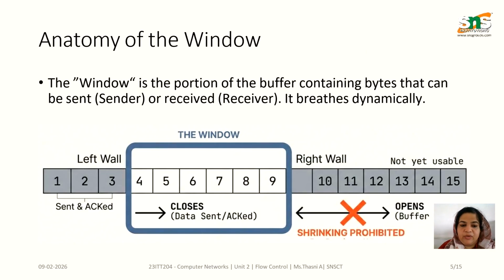Next, the anatomy of the window. The window is a portion of the buffer containing bytes that can be sent or received from the sender to the receiver. It breathes dynamically, depending on the buffer content. When there is no bandwidth available, we store the buffer content, and the window closes, and once it is done it will send to the receiver.